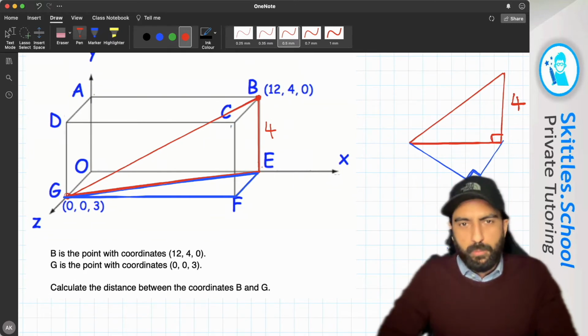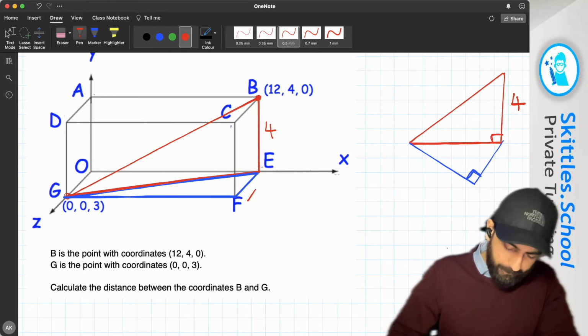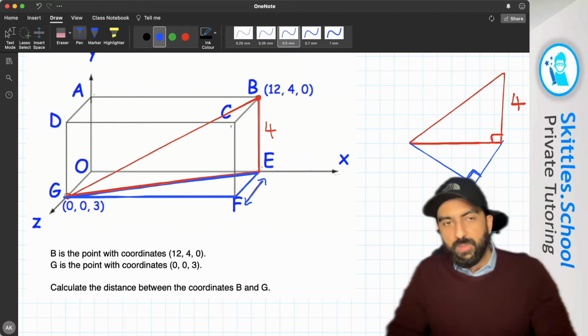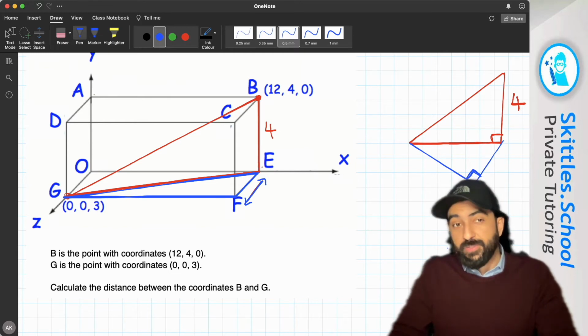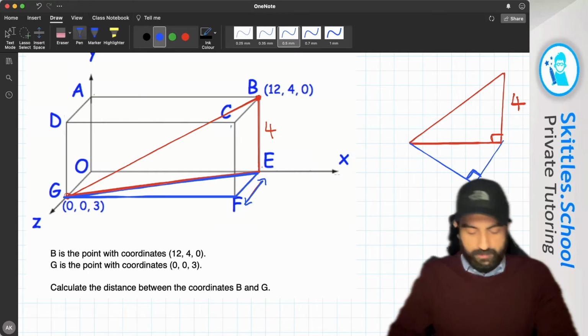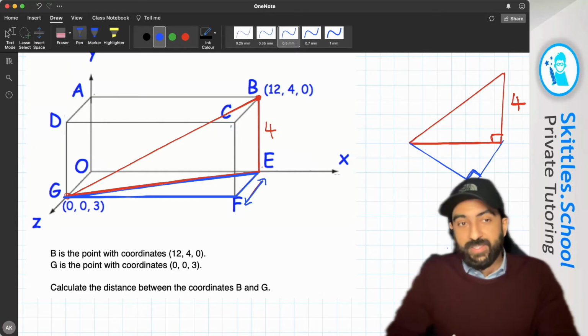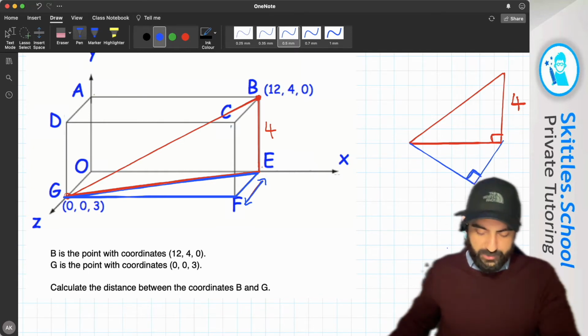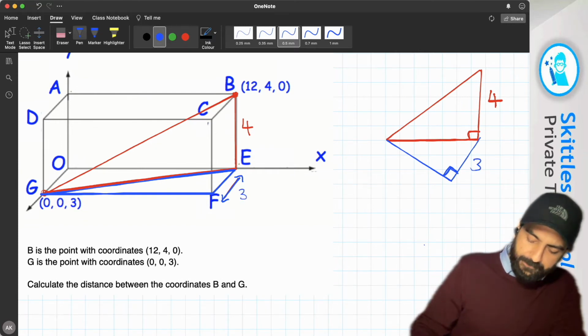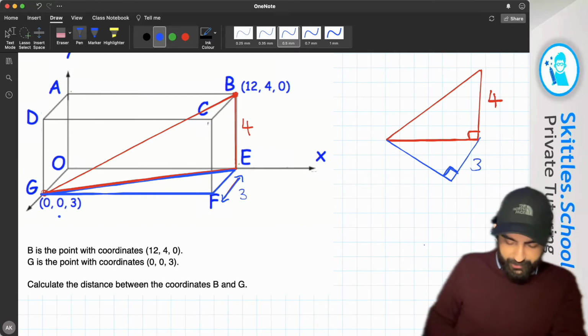Okay, so let's take a look at the blue triangle. First of all, let's consider this side here, E to F. Well, that's the same distance on the Z axis as G. So it's the same Z coordinate as G, which is 3. So we know that side is 3, which is that one there. Okay, what about this side here?